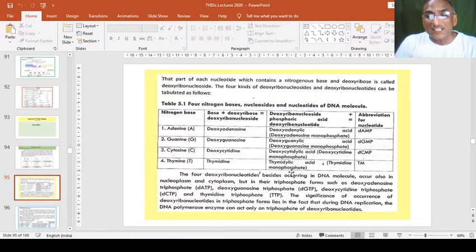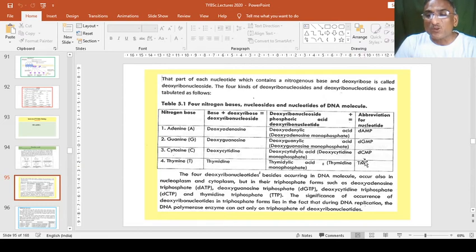So these are in triphosphate structure. Here is monophosphate: adenosine monophosphate, guanosine monophosphate, cytosine monophosphate, and thymidine monophosphate.